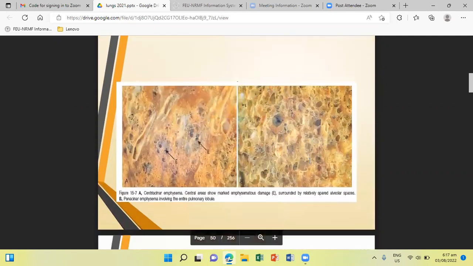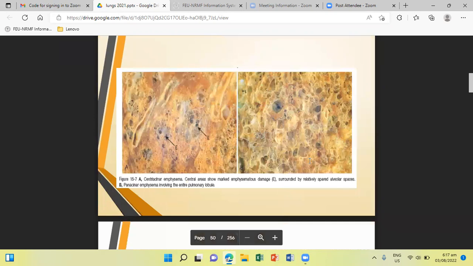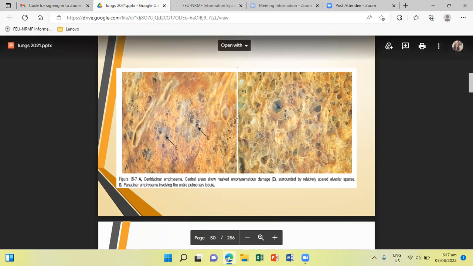So this is an illustration showing you the morphology. We are expecting that the lungs would be voluminous. They will have abnormally large alveoli, which are separated by thin septa. And as you can see here, the enlargement is very much evident.